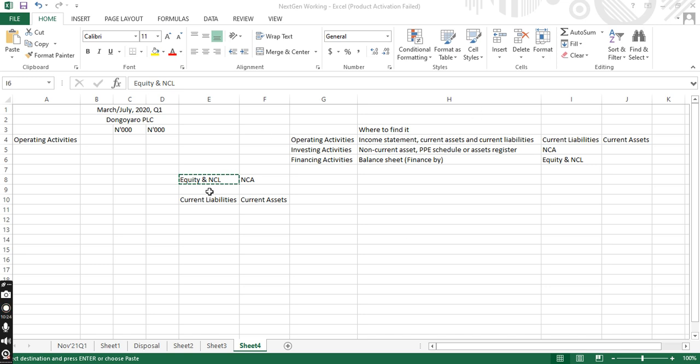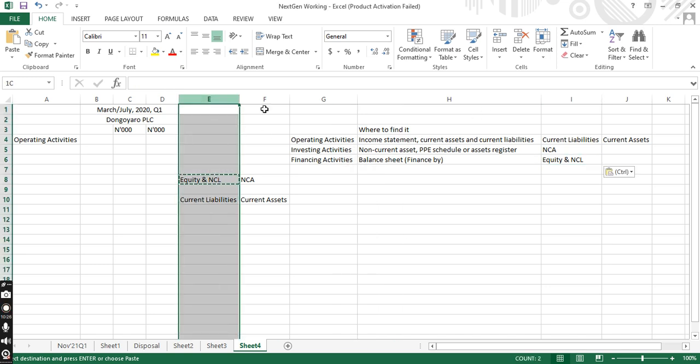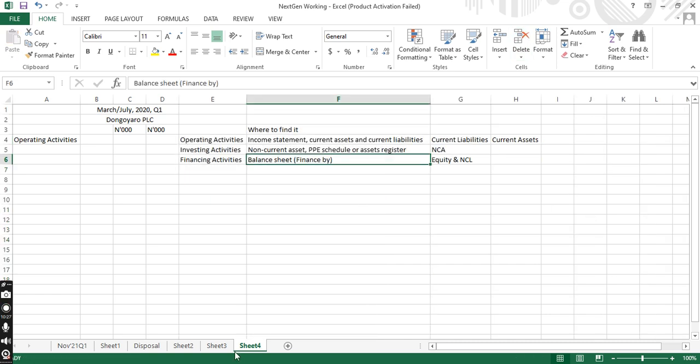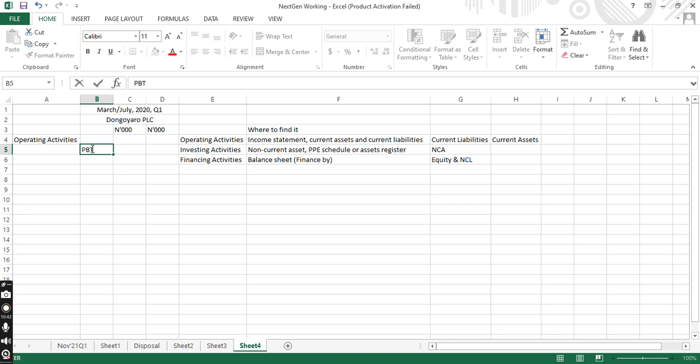Okay, let's proceed. Now that I have divided this into four and shared them accordingly, what are the operating activities that we can have? The first thing, you've been given the format, you have your profit before tax. What was our profit before tax in the question?